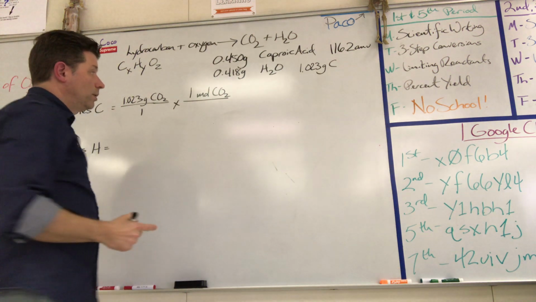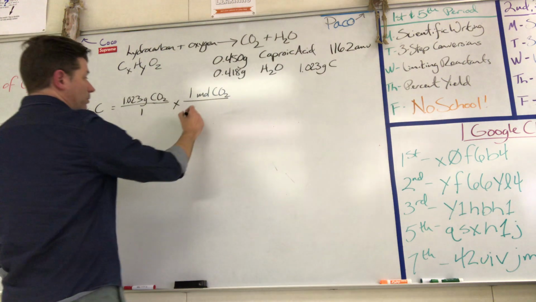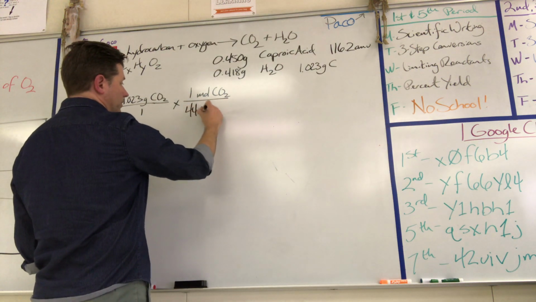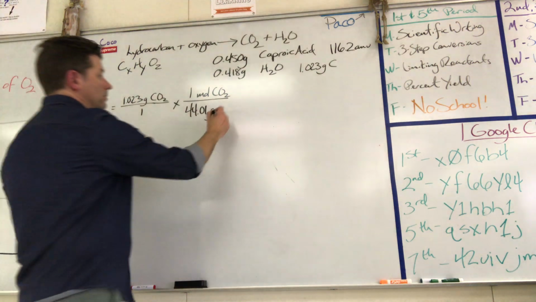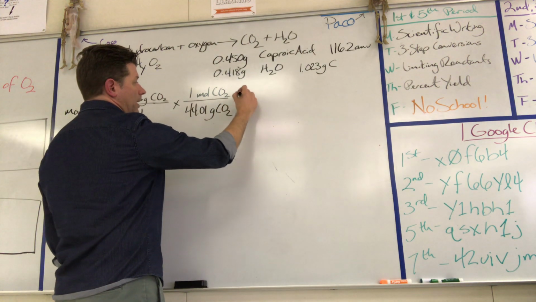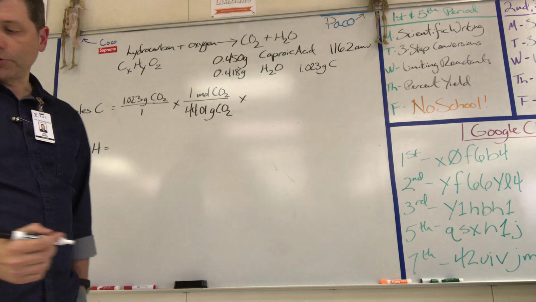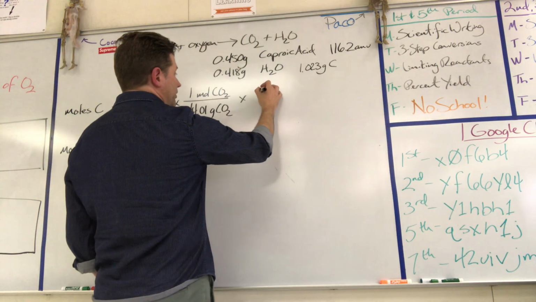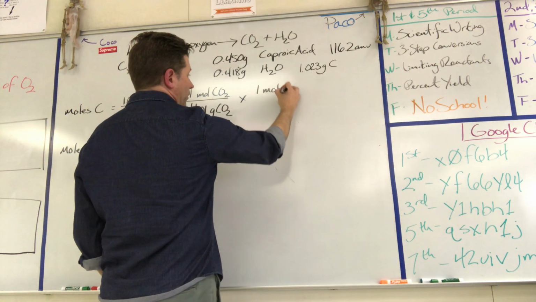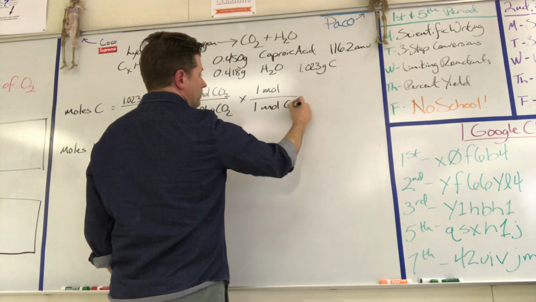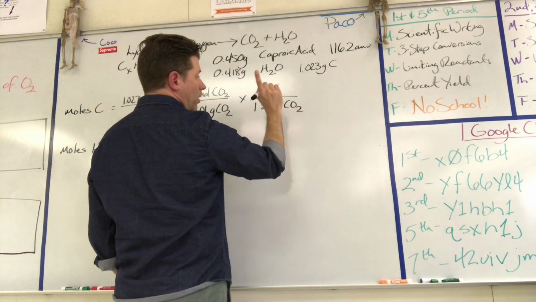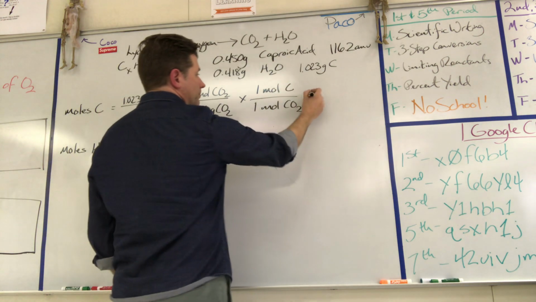So in 1 mole of carbon dioxide, the molar mass is 44.01 grams. And then we're going to multiply that by a mole ratio. So for every mole of carbon dioxide, there's 1 mole of carbon.